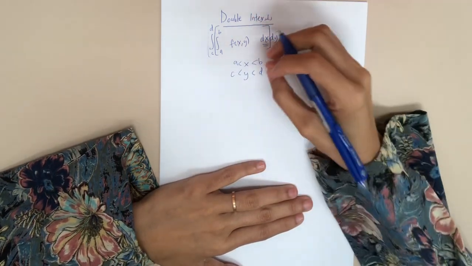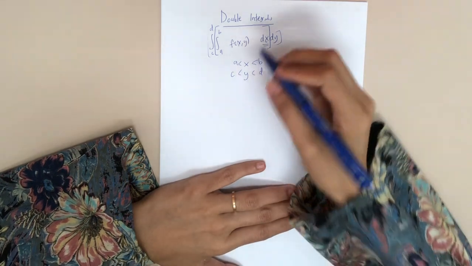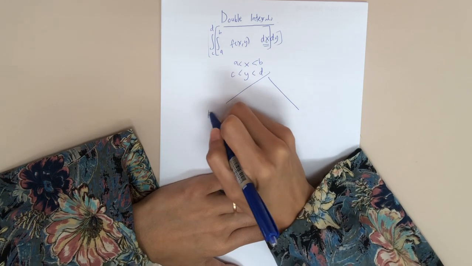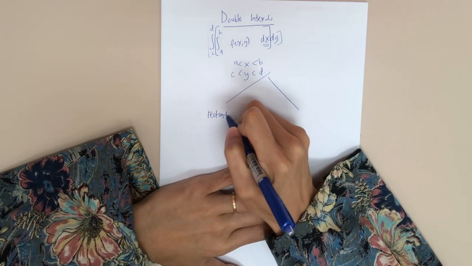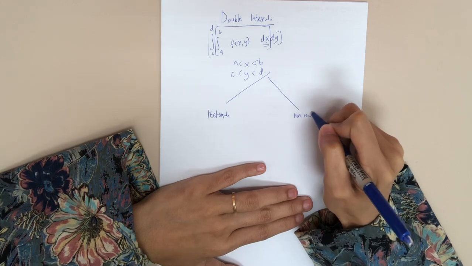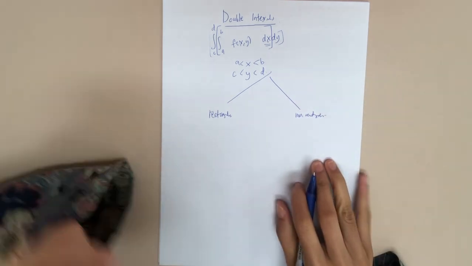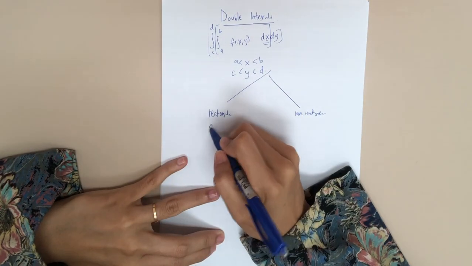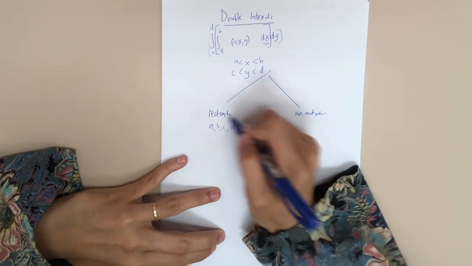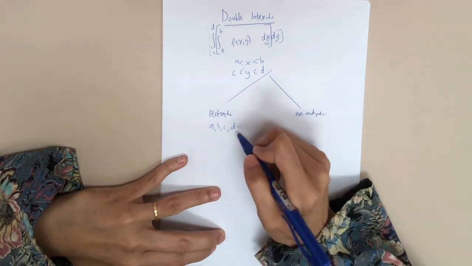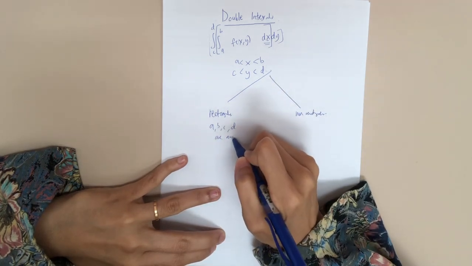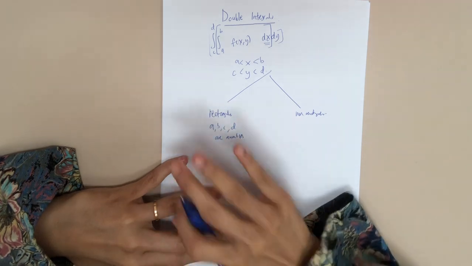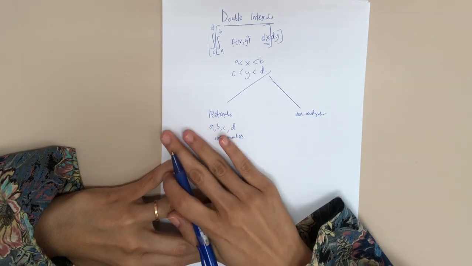But before I give you an example, I already mentioned in the previous video that there are two types: rectangular and non-rectangular. The keyword for rectangular is that your a, b, c, d limits are all numbers.